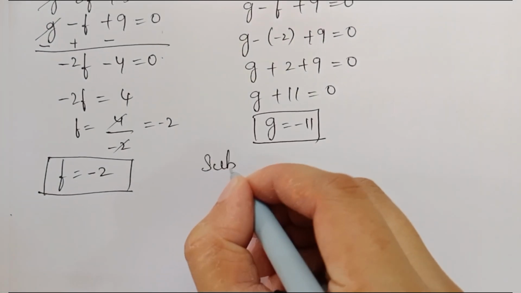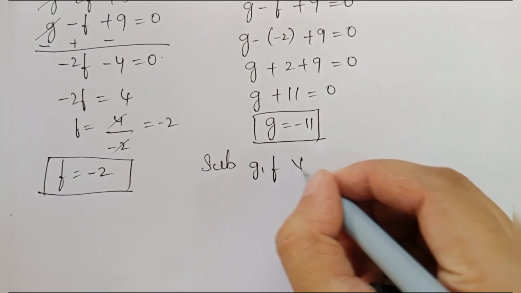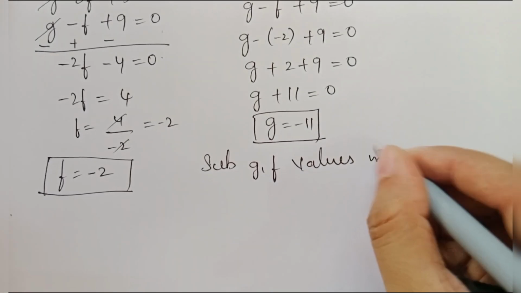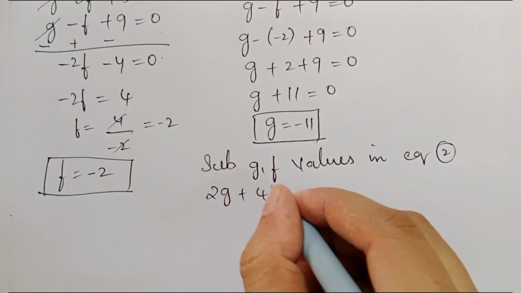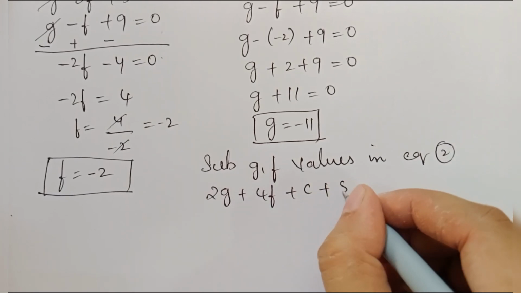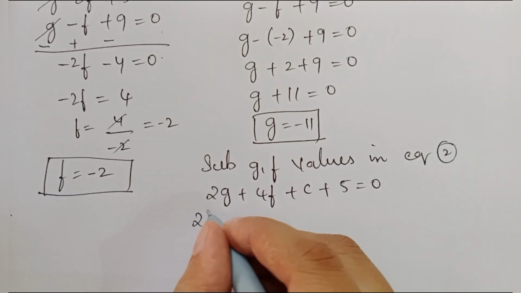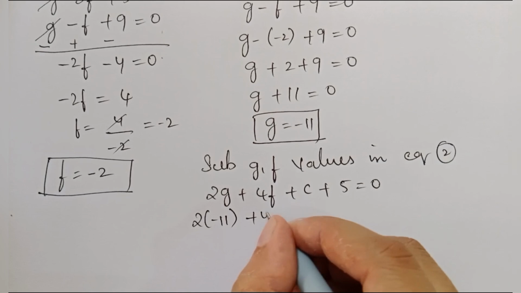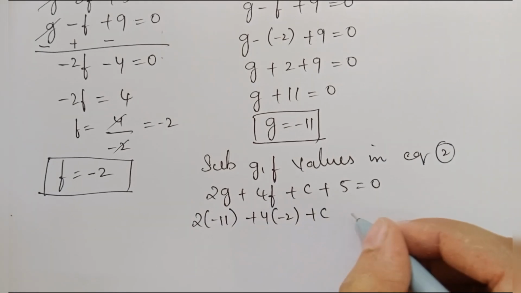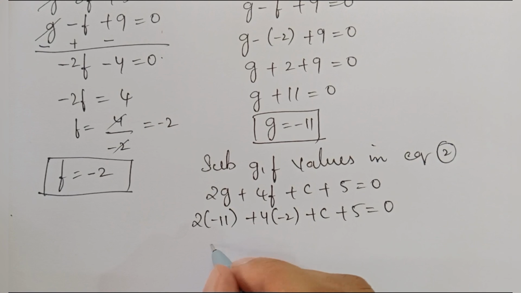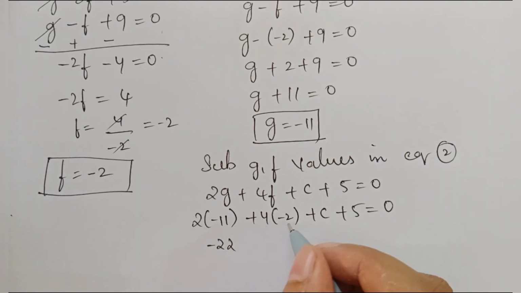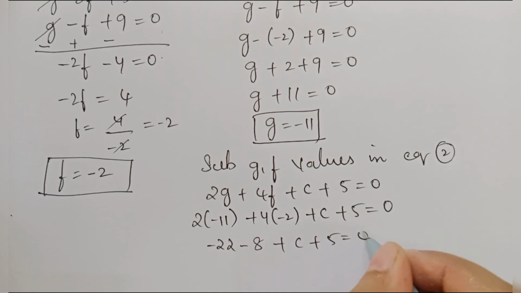Substitute the g and f values in equation 2. So it is 2g plus 4f plus c plus 5 equals to 0. So it is 2 into minus 11 plus 4 into minus 2 plus c plus 5 equals to 0. 2 into minus 11 is minus 22, 4 into minus 2 is minus 8, plus c plus 5 equals to 0.